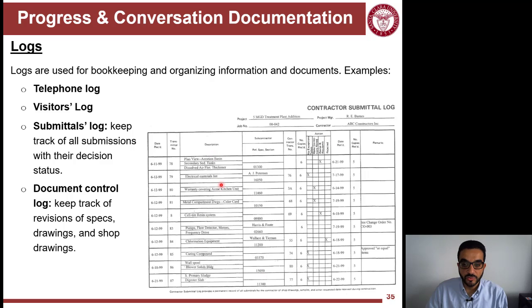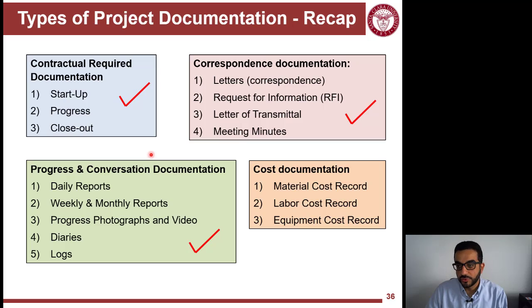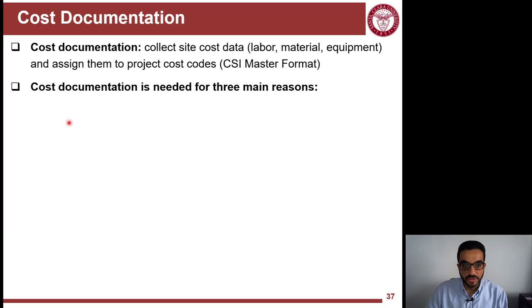You're tracking the submittals, when you sent them, and the action that was assigned. We'll learn about submittals in its own lesson, but submittals are a very important thing to track. And then document control logs, so you can track the versions of different plans and specifications that are sent to you from the architect.